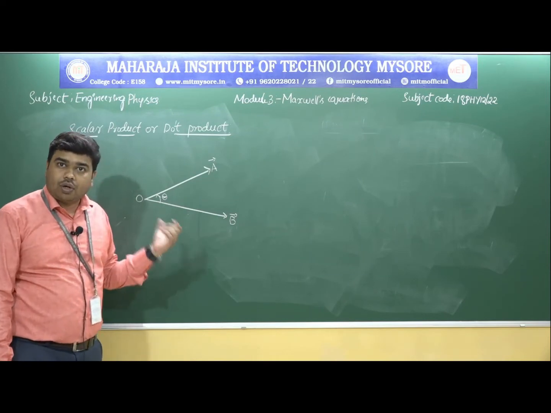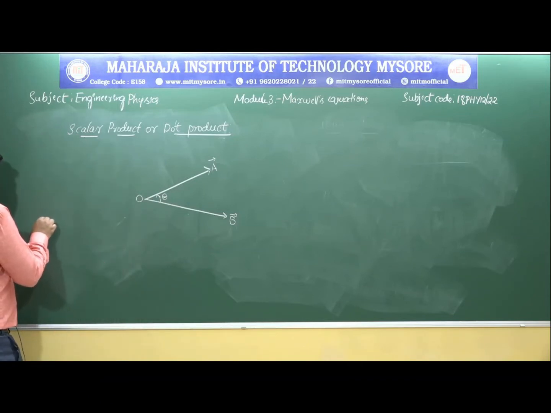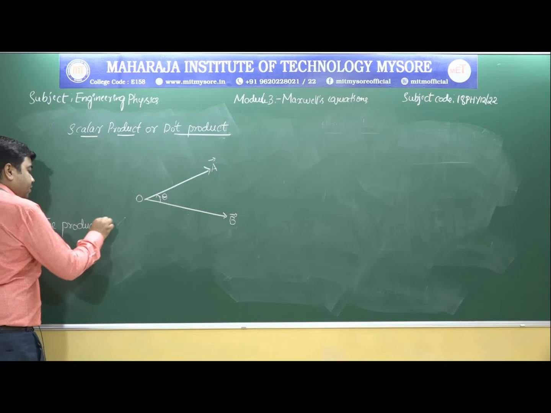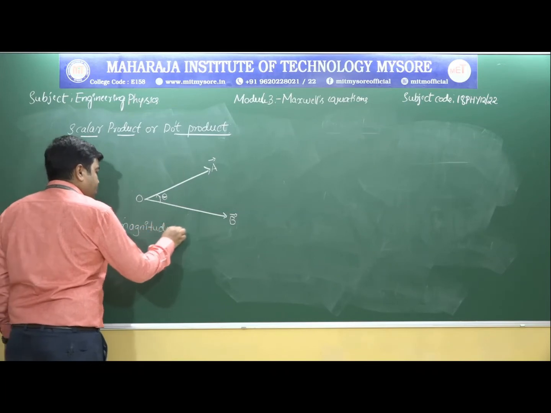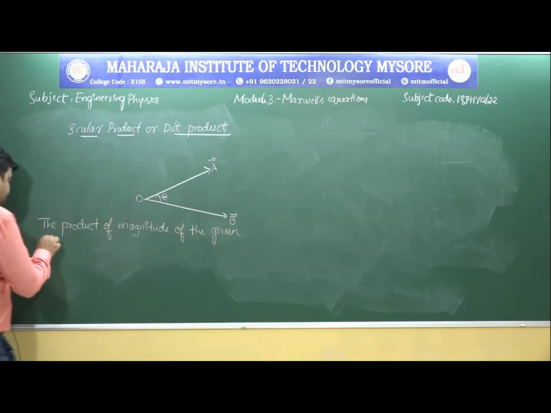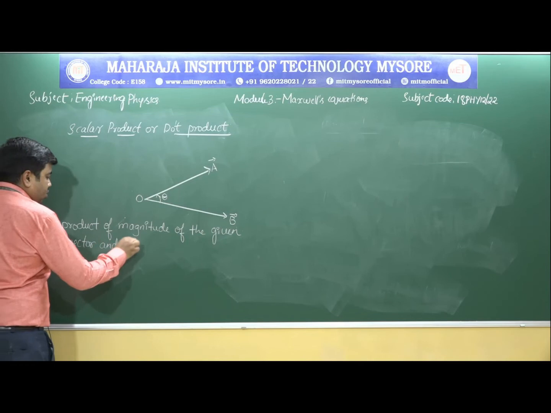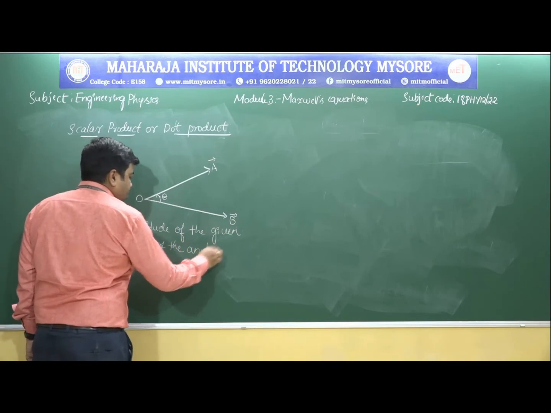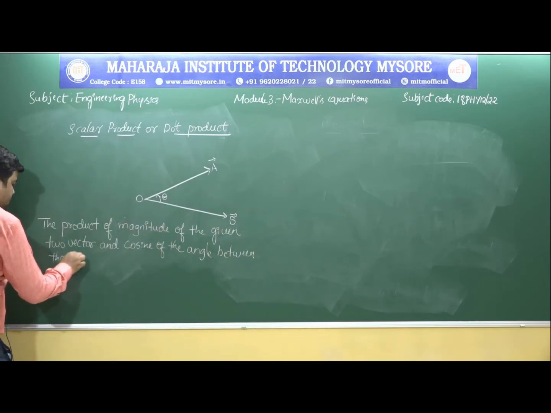Then the scalar product of the two vectors can be defined as the product of the magnitudes of the given two vectors and the cosine of the angle between those two vectors.